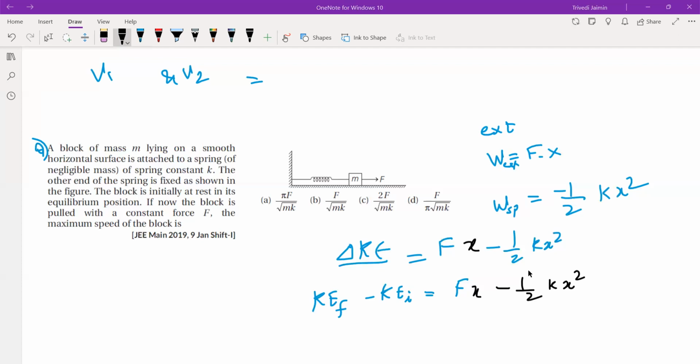So what's the value of kinetic energy, final and initial? Initial is 0, obviously, because it is at rest. It's given in the question. So final is half m v max square, maximum speed. Now we don't know the x value. How will we find the x value?